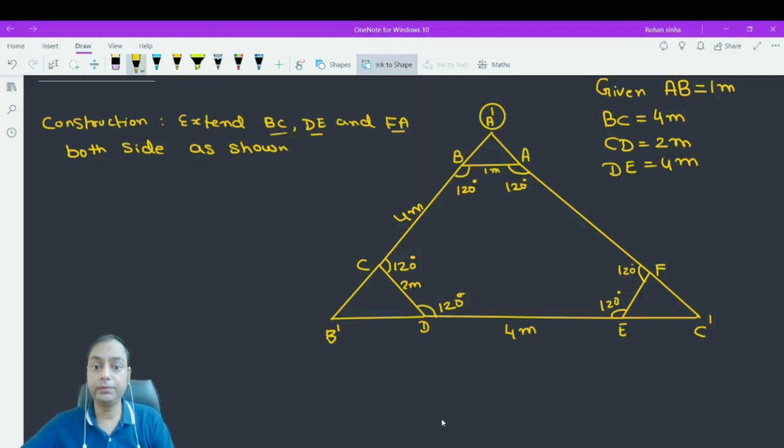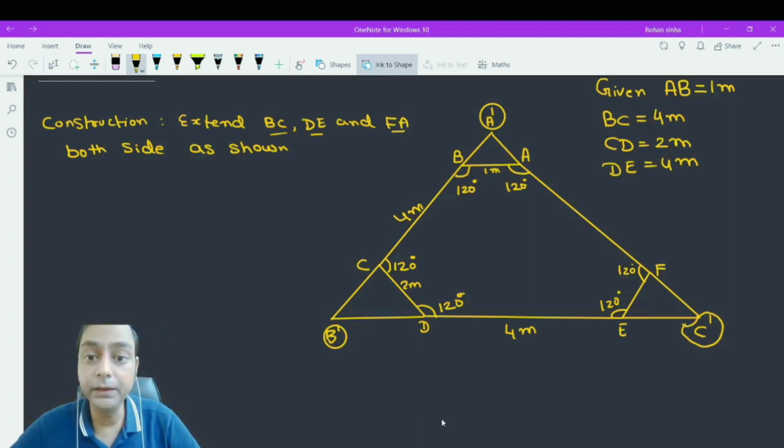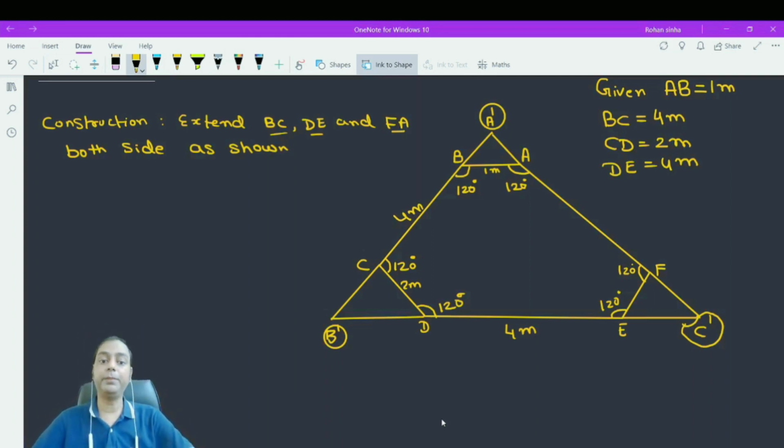BC and FA intersect at A dash, BC and ED intersect at B dash, and AF and DE intersect at C dash respectively.